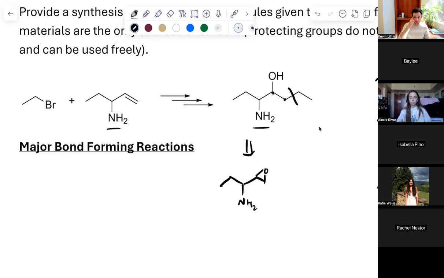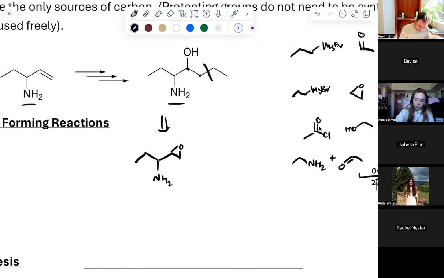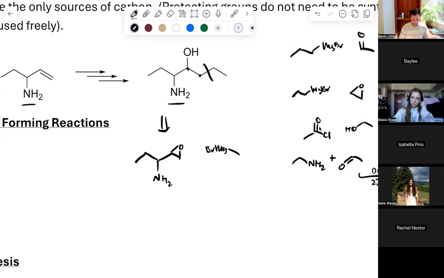And that was almost certainly an epoxide. And this was my Grignard. Now the thing is, I don't want any sort of NH2 or OH around a Grignard because it will wreck my Grignard. So I want to make sure that there's a protecting group on this nitrogen to help make that happen.